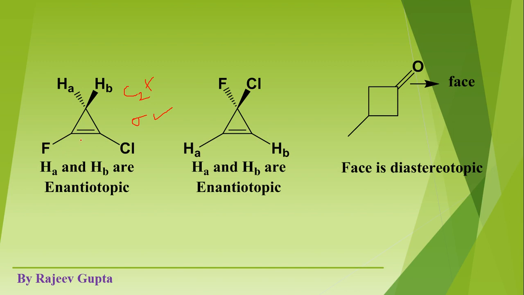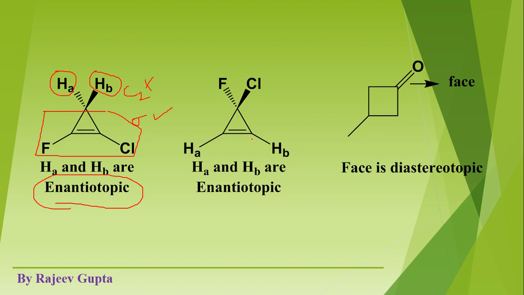The plane is that plane where fluorine, carbon, carbon, chlorine and this carbon, all 5 atoms, are present in a single plane, which is the plane of the paper or plane of the screen, and these HA and HB become mirror images of each other. So this plane of symmetry is applied. So these two ligands HA and HB are enantiotopic.